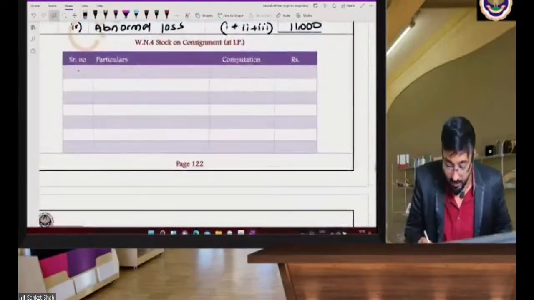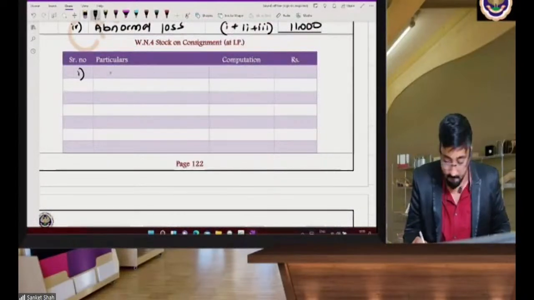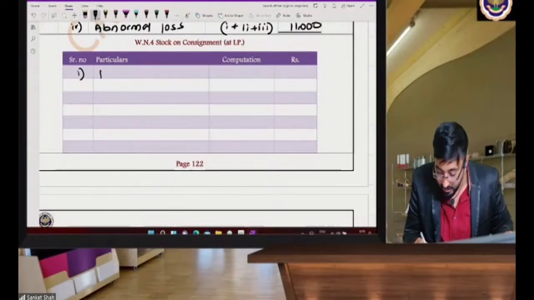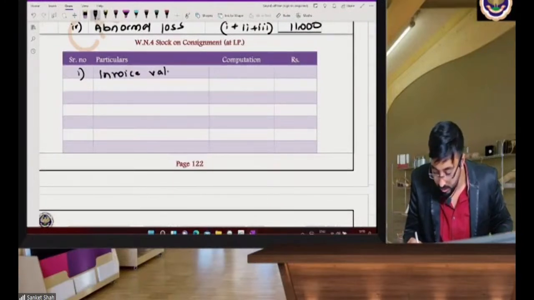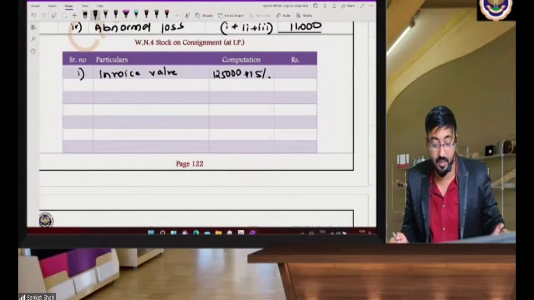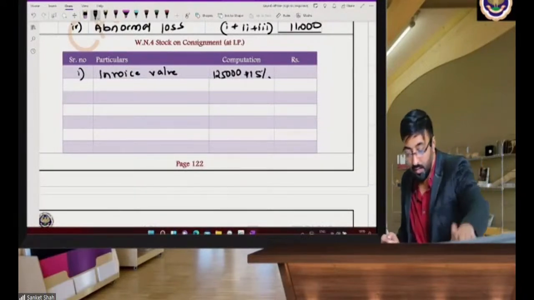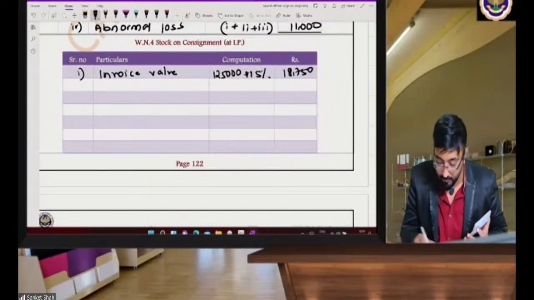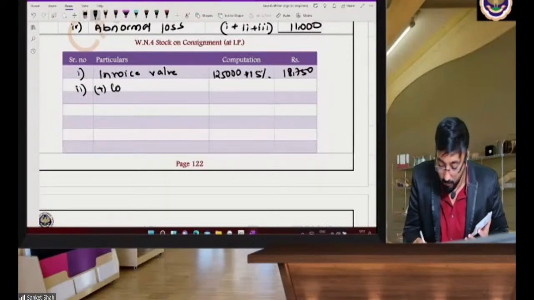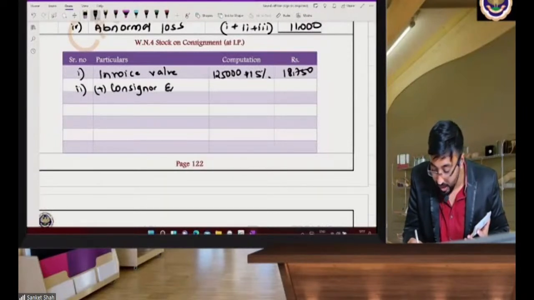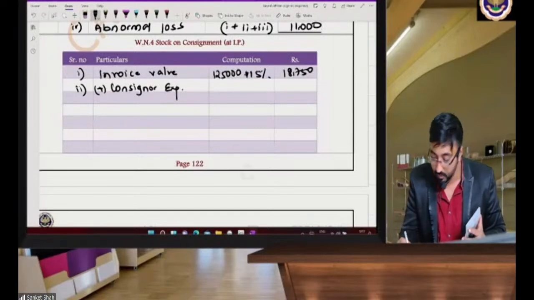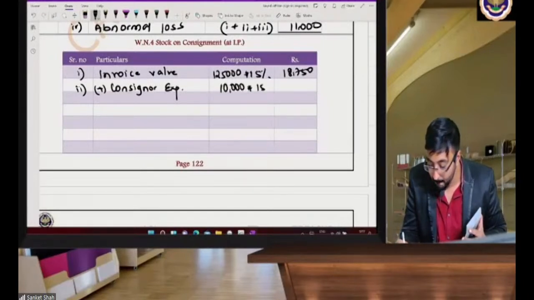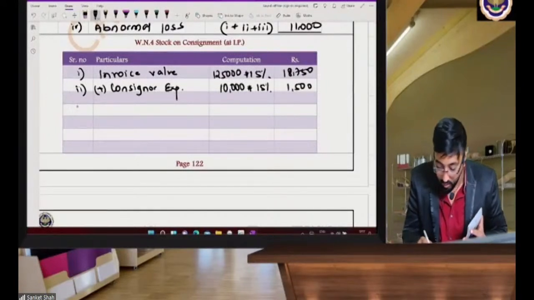Stock on consignment. Roman 1. Invoice value. 1,25,000 into, you left with 15%. 1,25,000 into 15%, 18,750. Roman 2, add consignor expenses, 10,000 into 15%, 1,500.